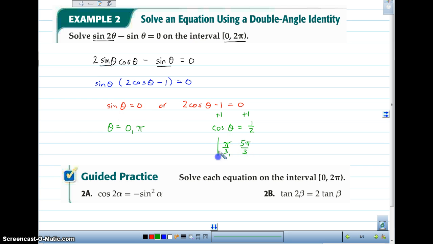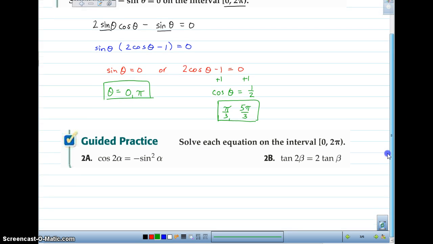So those are our solutions. Go ahead and try these two practice problems on your own.